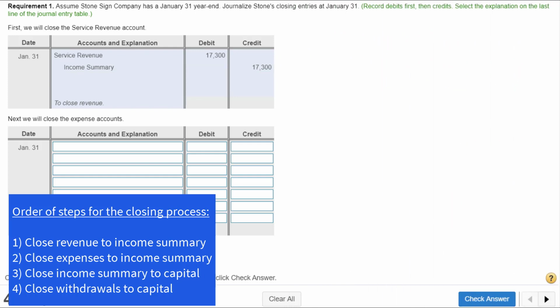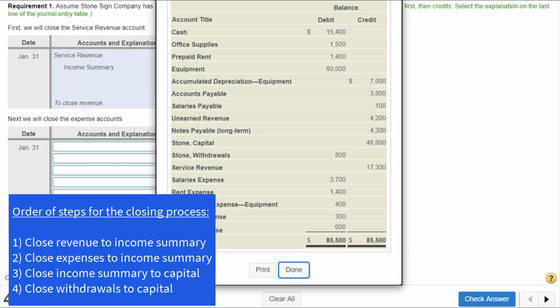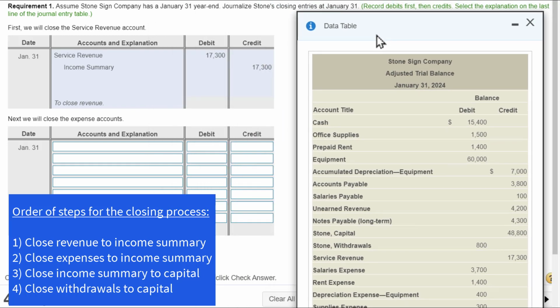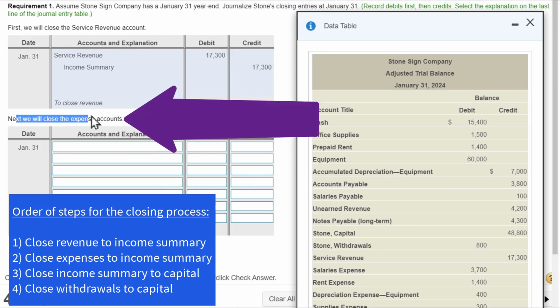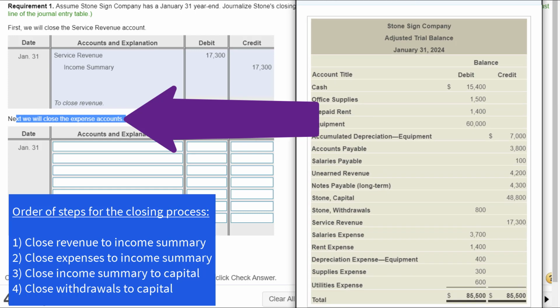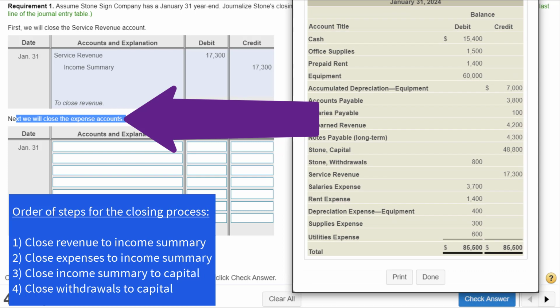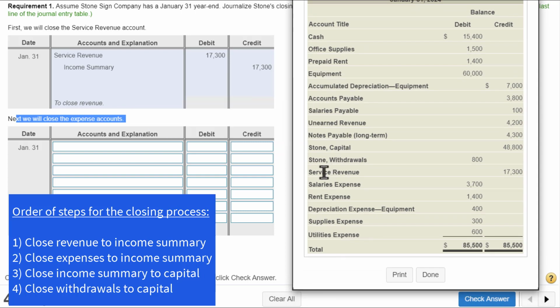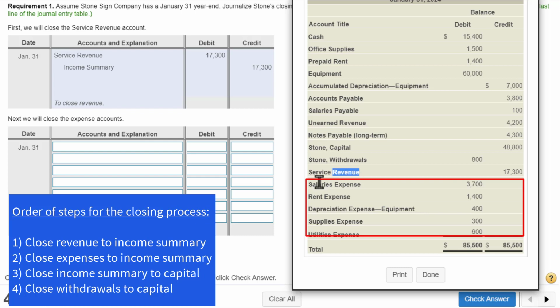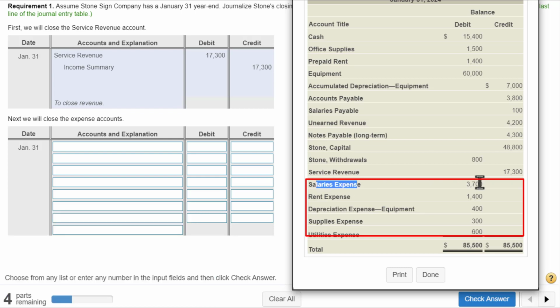The next step, let me open up my adjusted trial balance again. The next step in the closing process is to close the expense accounts. So let's find our expense accounts. Expenses, remember, are listed after the revenue. So here's our first expense account. Salaries expense has a debit balance.